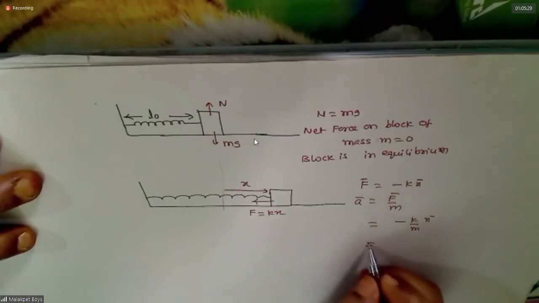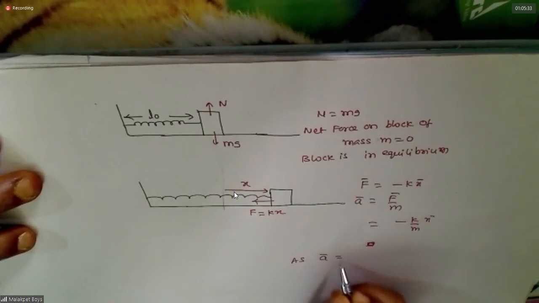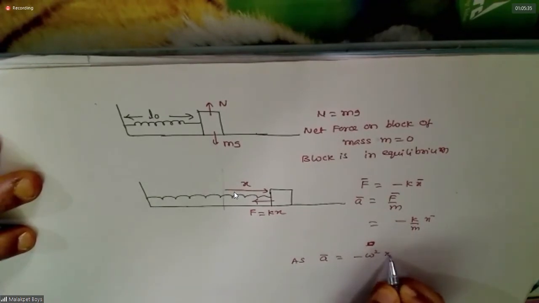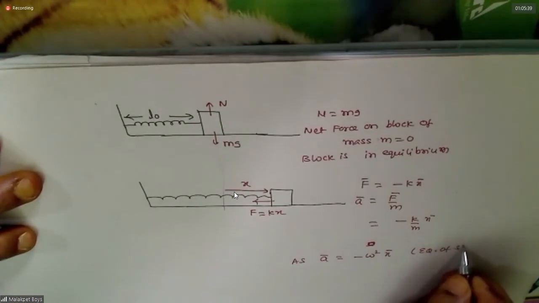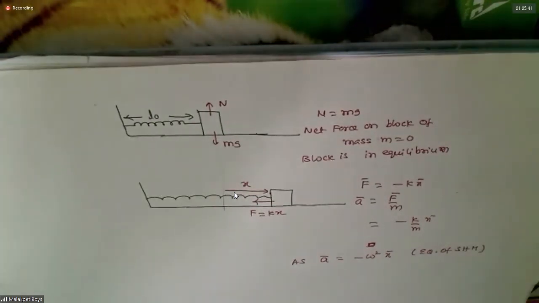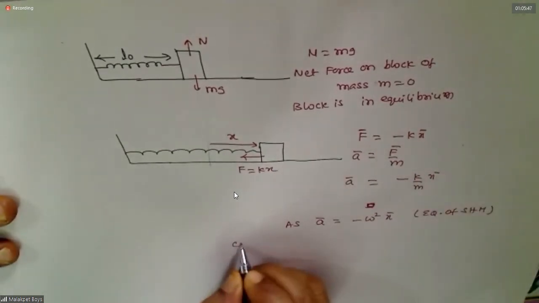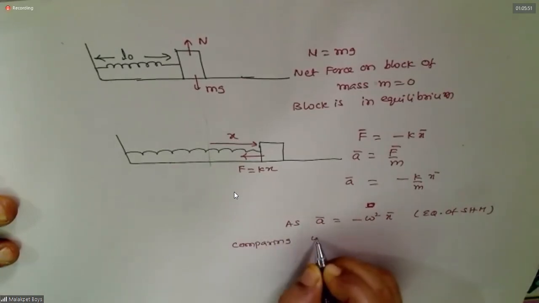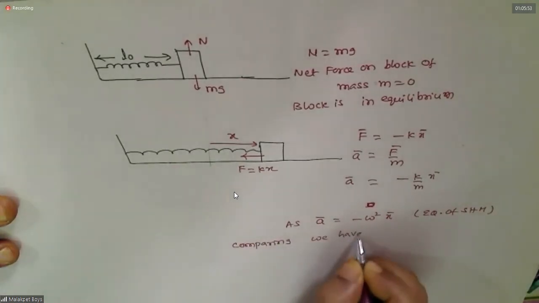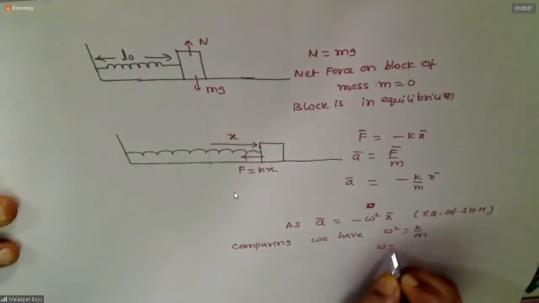Now we can see that acceleration is minus omega square x. Do you agree this is the equation of SHM now? Okay. So comparing, what is omega square? K by m.